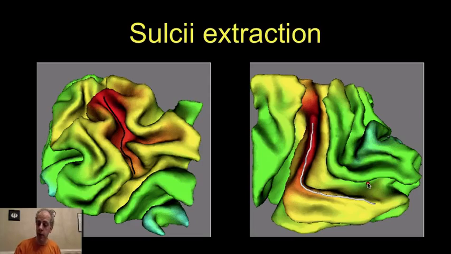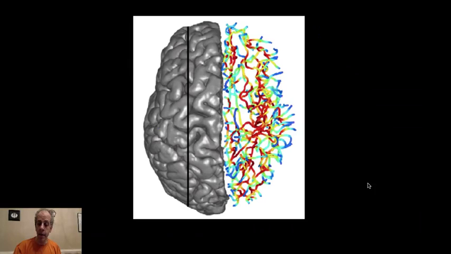Once you compute this, you can create very interesting networks of these sulci, which again is very important information for many neuroscience applications. Some of them actually related to particular problems, but some of them related to basic research.